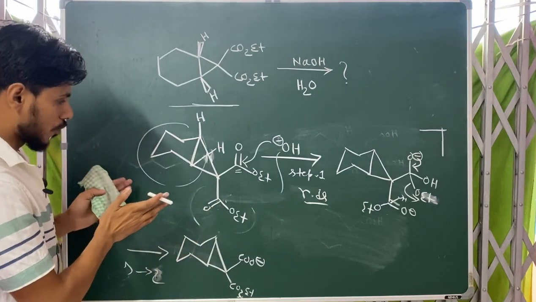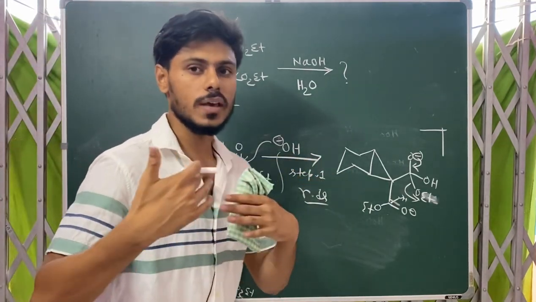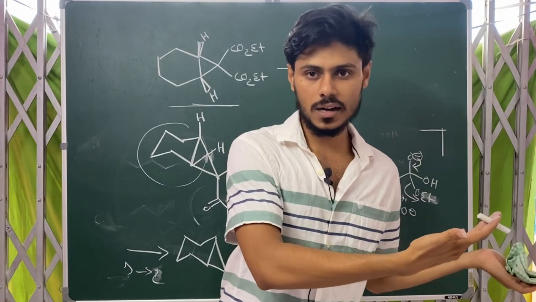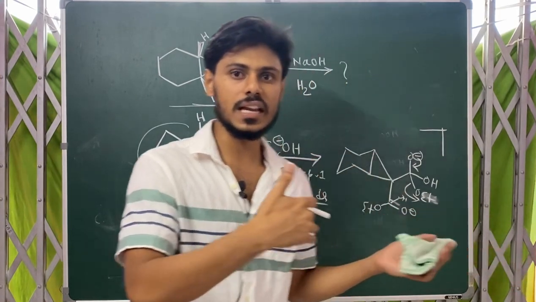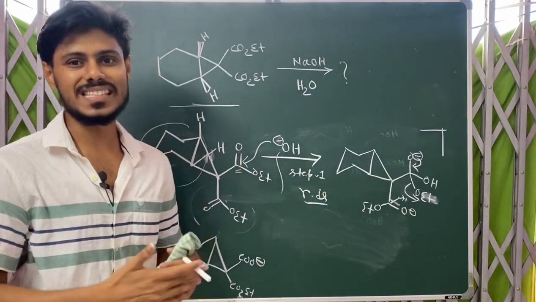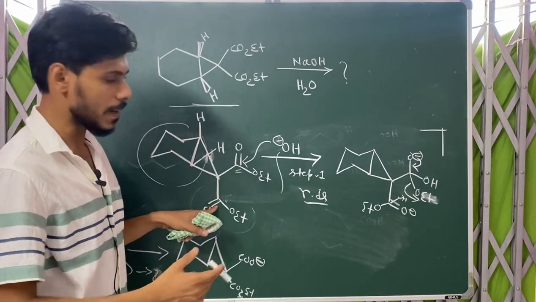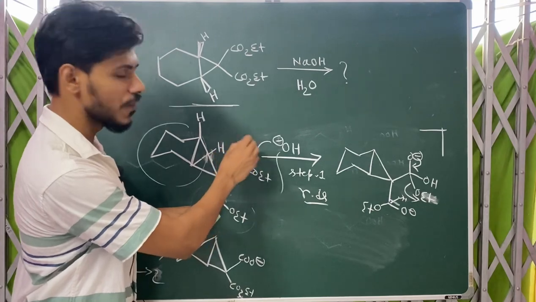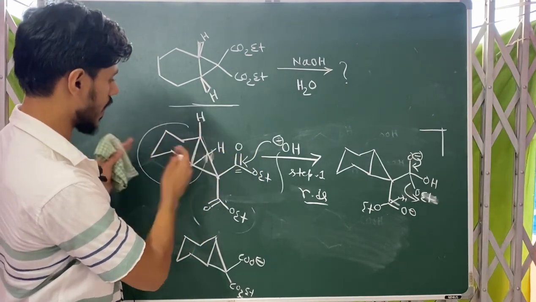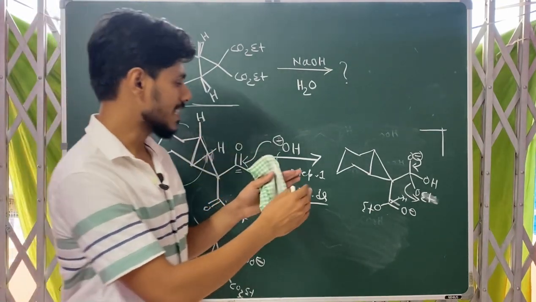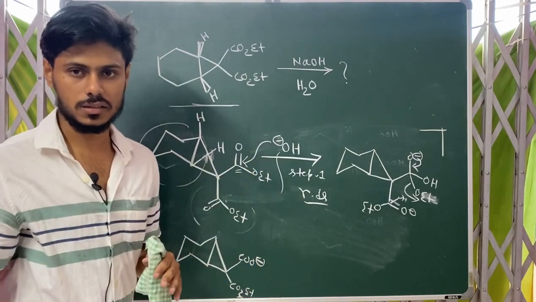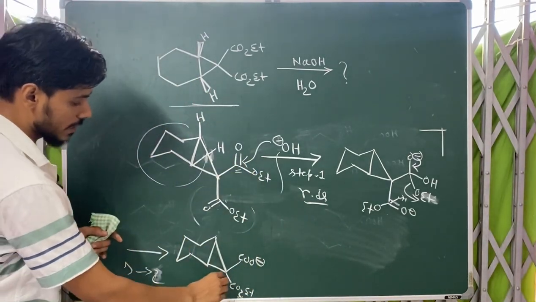So from here to here you are going to a sterically hindered intermediate, which is less favorable. That's why the attack will not take place on this one, but here the position is quite free. The ring is on this side and this position is quite free, so it can be easily attacked, and that's why you get this product.